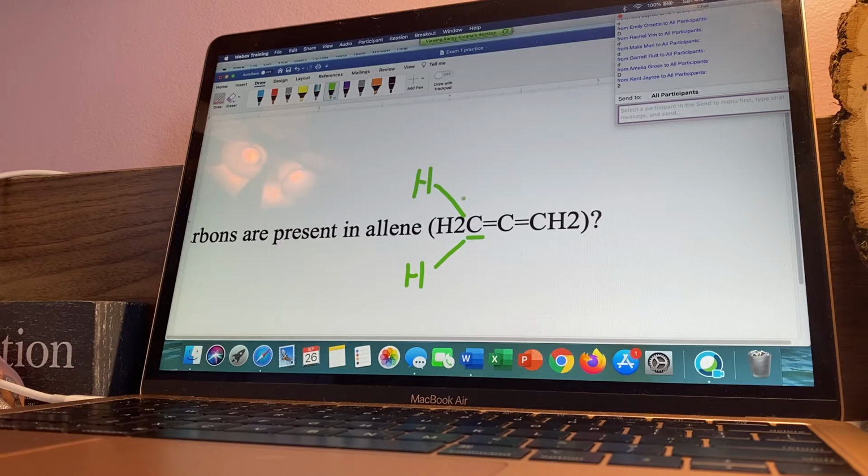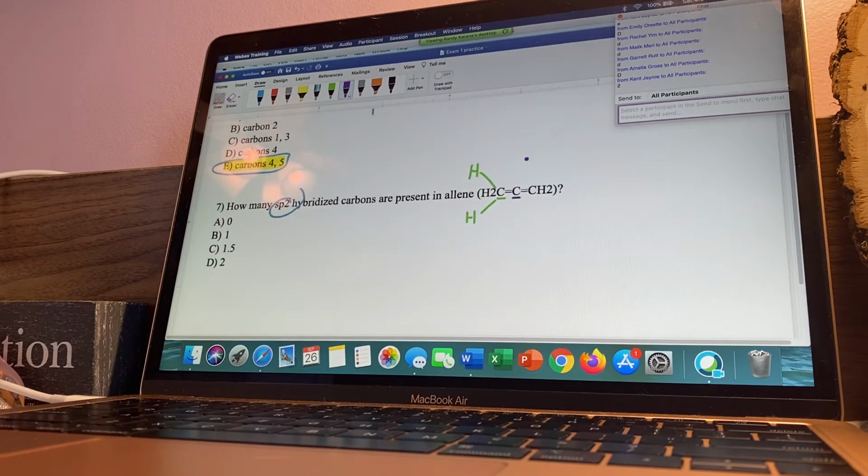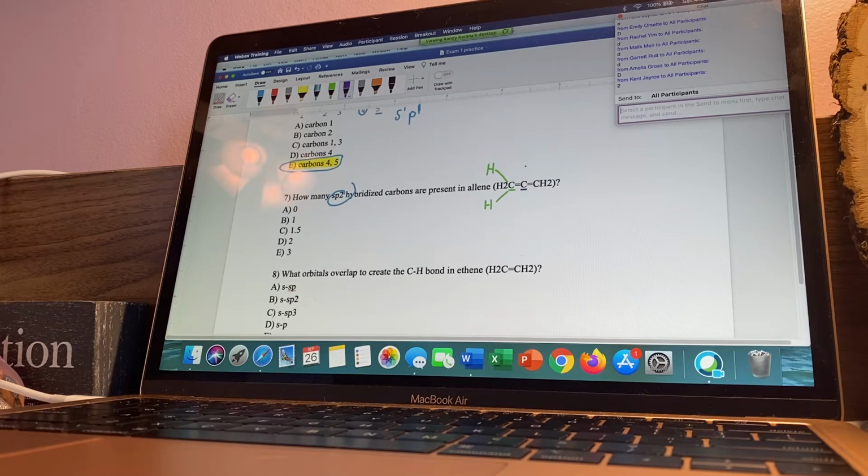Yeah, exactly. If you have 3 things around it, it's going to be sp2. And now how about purple? It's only attached to 2, so it's sp. Yeah, exactly. Good job, Kat. So we got sp right here in purple, and then both of these ones in green are going to be sp2.